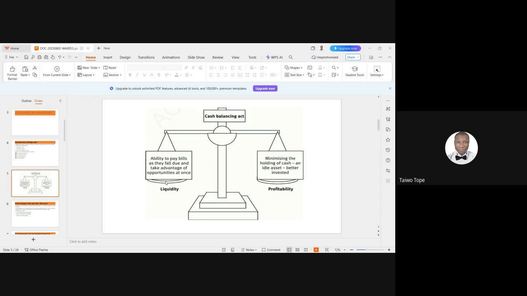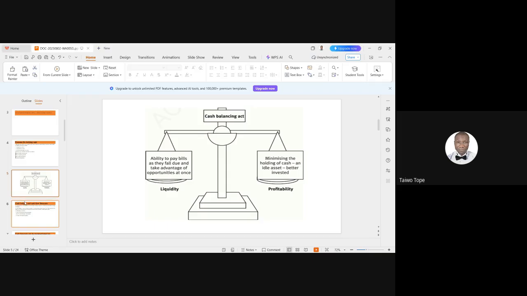This is always a decision that most organizations are faced with at some point in time, because at the point where you are putting too much cash in investing, an opportunity can come for you that you need quick cash to finance a business, but you've already tied down your money in another investment. So there must always be a balance to achieve this.